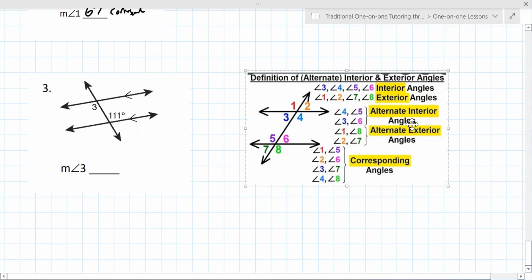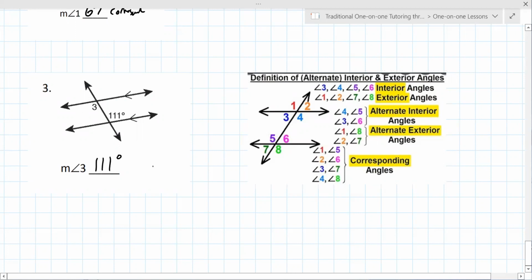I can't remember the name of the line. Go ahead and look if you got it written down. I wish I had a better reference for this. Let me see if I can find one. I don't have the name written down for that. Alternate interior angles.